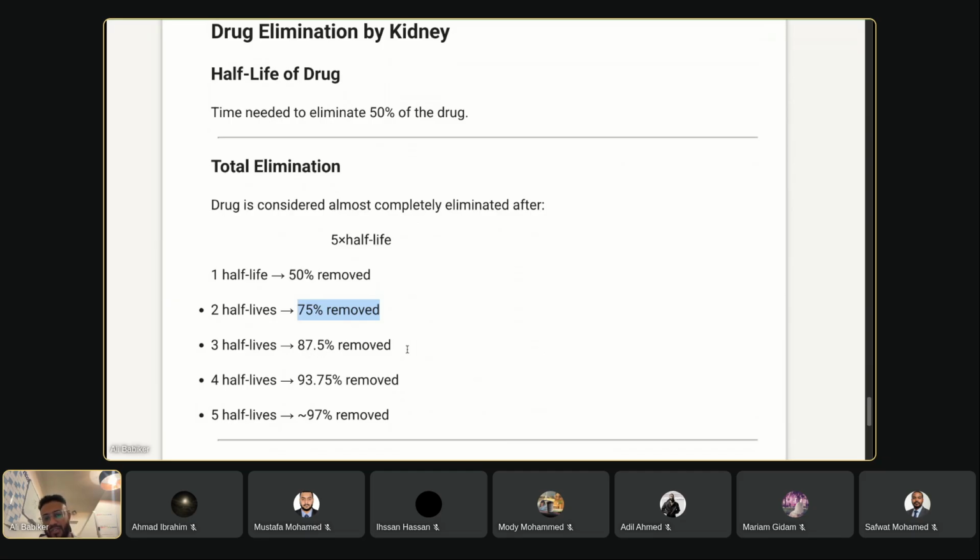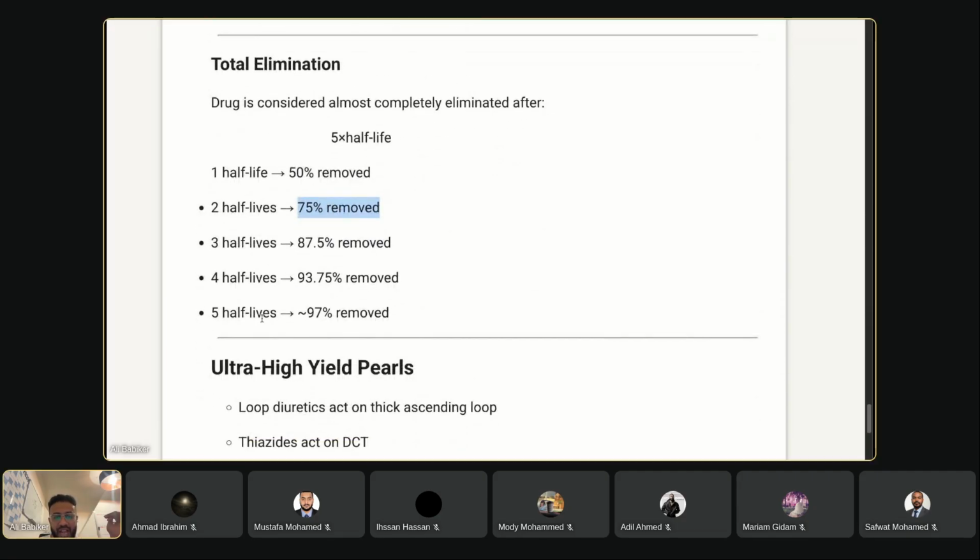Same idea. 75% already removed, you have 25%. When you split 25% by 2, this is 12.5. When you take 12.5 and remove it, you add the 12.5 to the amount that was already eliminated before. Fourth half-life is 93.75% and fifth half-life is 97% removed.